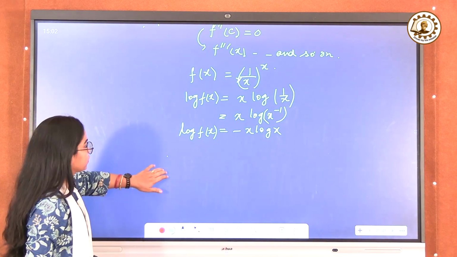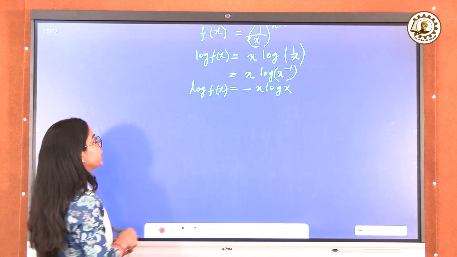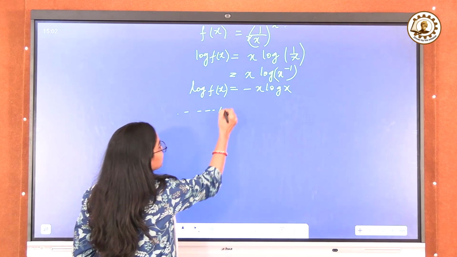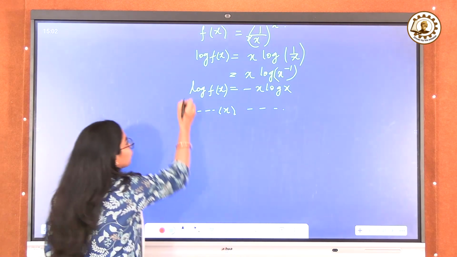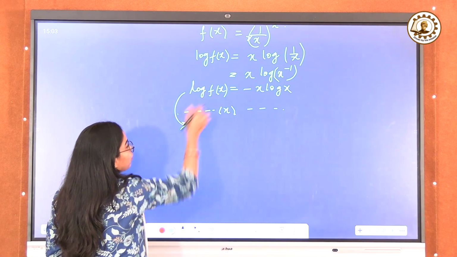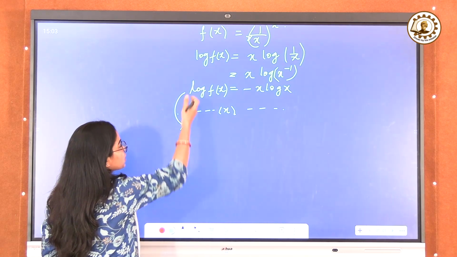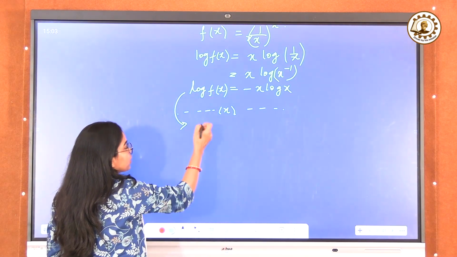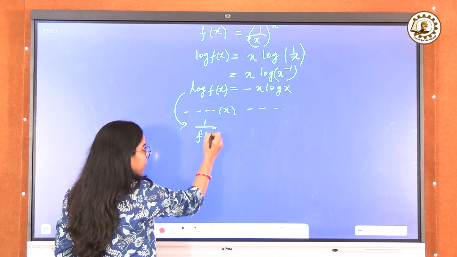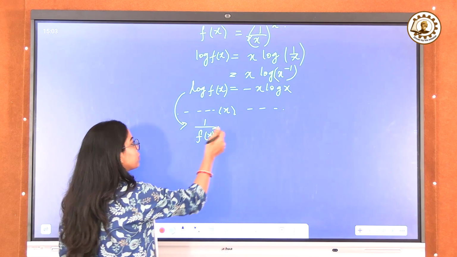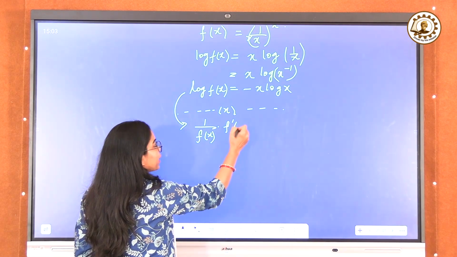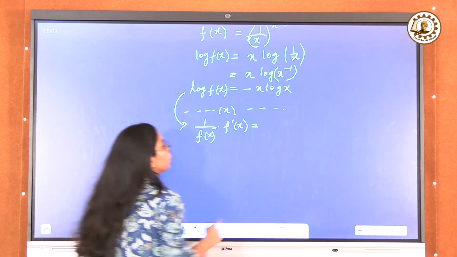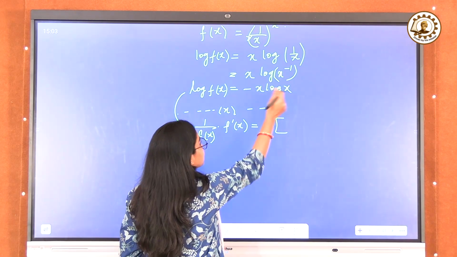minus x log x. Now, we start the derivative. Taking derivative on both sides with respect to x, the derivative of log f(x) is 1/f(x) times f'(x), equal to the derivative of minus x log x.